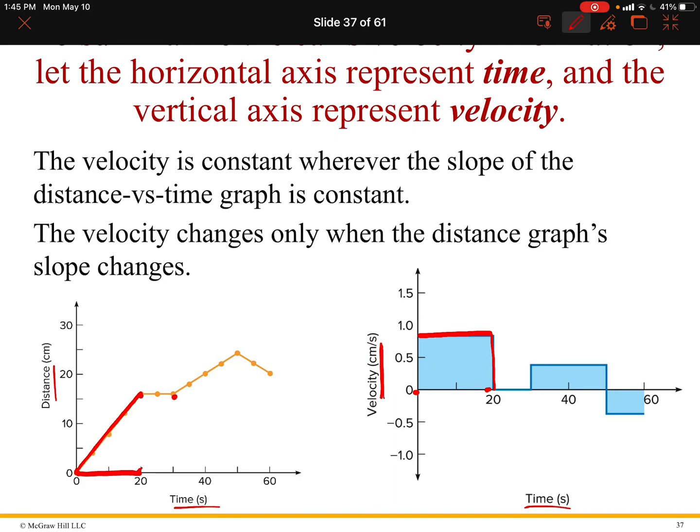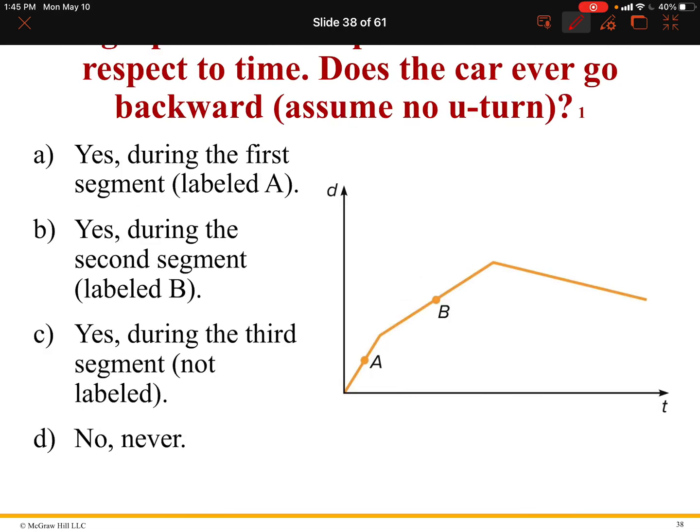Well, from 20 to 30 seconds, we had no slope at all, so 0 velocity. And then once we did the slope for this point, it was about half what we found that first one to be. And then when we did this third, or fourth I guess, section here, we had a negative slope, or a negative velocity, from when it changed directions.